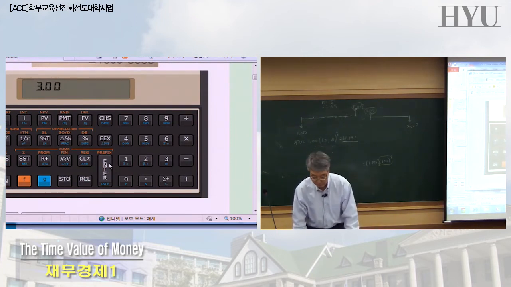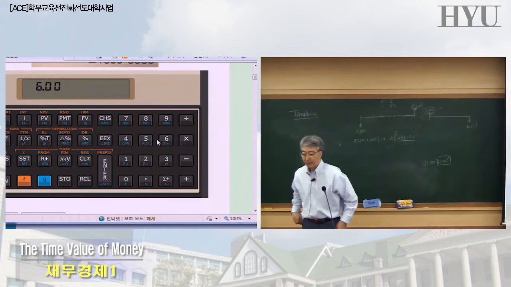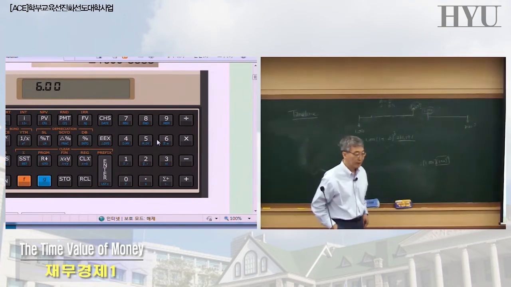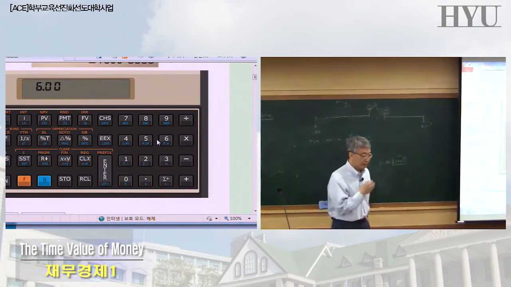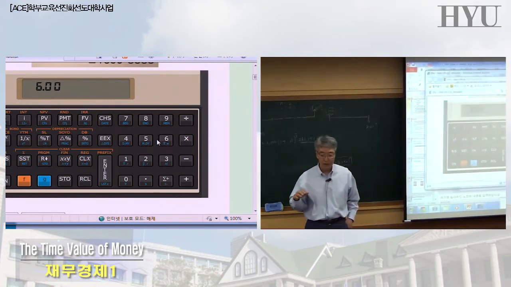What you have to do is 2, enter, 3, multiply. It's a slightly different algorithm, but the reason they have it is that if you do complicated calculations, this helps.